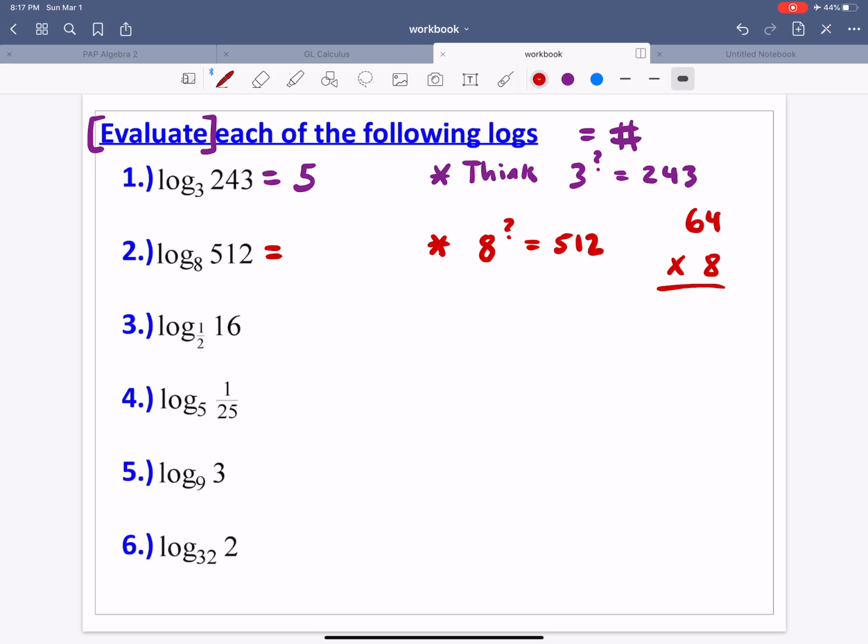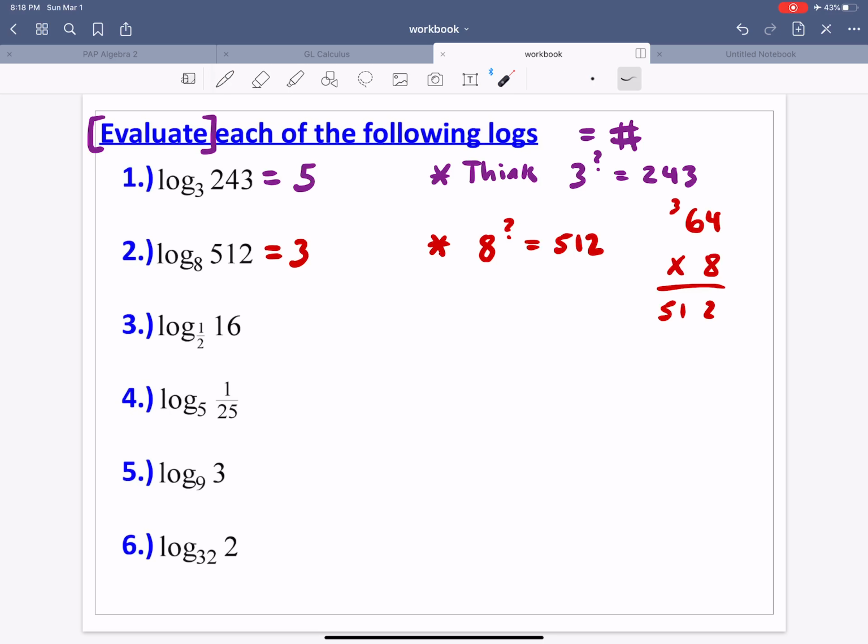So I'm just going to do it the old-fashioned way and do 64. I know 64 is 8 squared. So let's just multiply this by 8. 8 times 4 is 32. 2, carry the 3. 8 times 6 is 48, right? Yeah, 48. So 48 plus 3 would be 51, so 512. So that's true. So 8 to the 3rd power equals 512. So log base 8 of 512 equals 3.